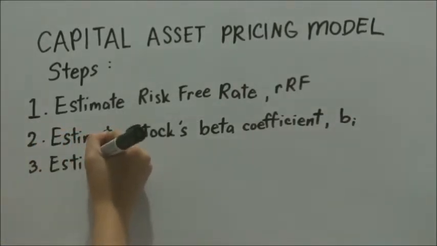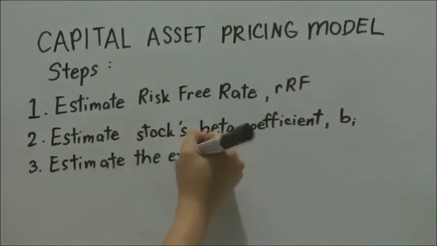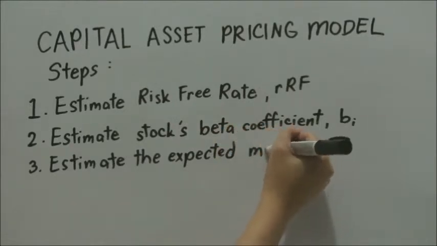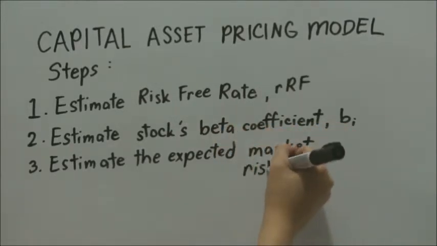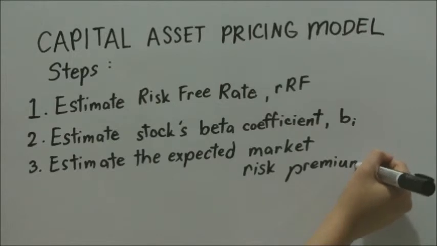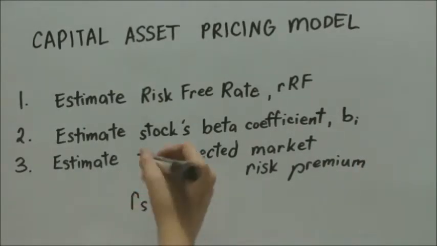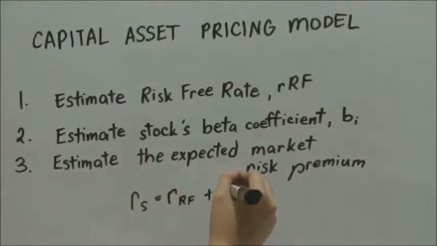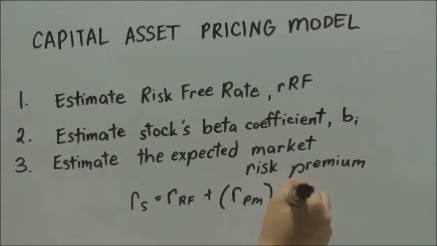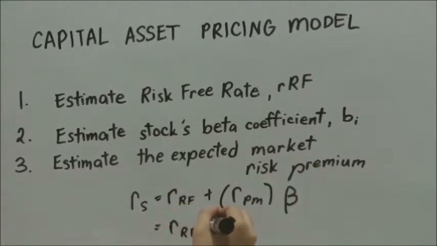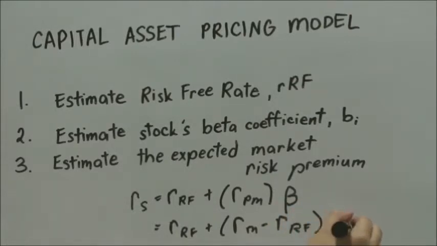Step 3. Estimate the expected market risk premium. Thus, the CAPM estimate of RS is equal to the risk-free rate, RRF, plus a risk premium that is equal to the risk premium on an average stock.